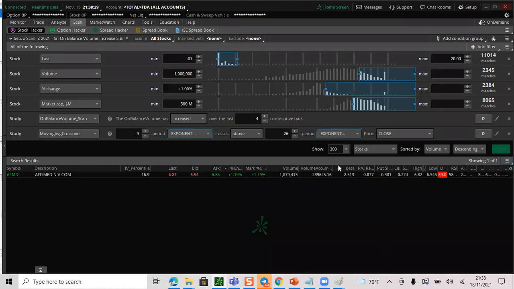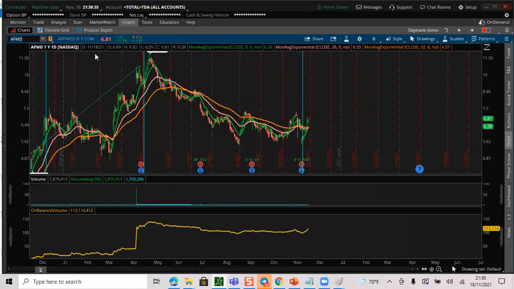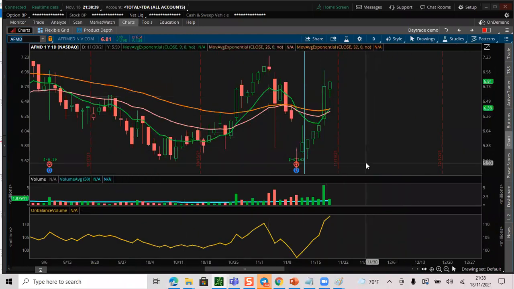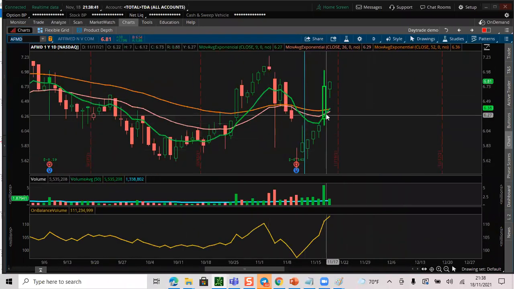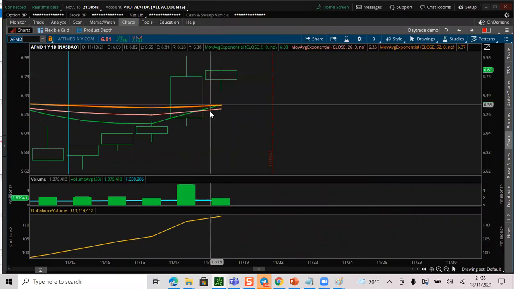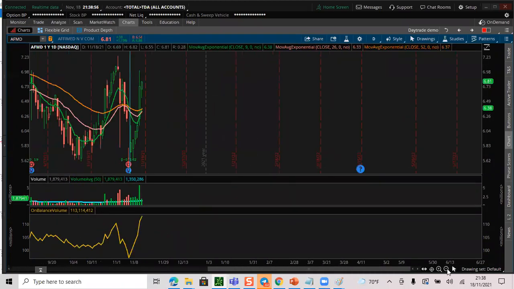The more filters you add, the fewer results you get. But I just want you to learn how to add these scanners and filters based on certain strategies. So see, the 9 is right above the 26 today, right? It's just trying to go up and your on-balance volume is also going up.